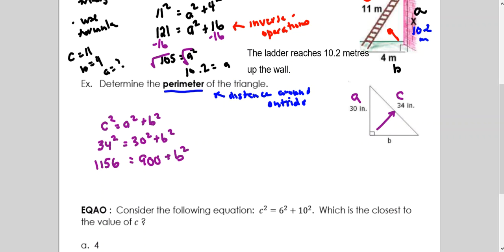All right. Now I want to use inverse operations right here. So probably let's subtract 900 from both sides.